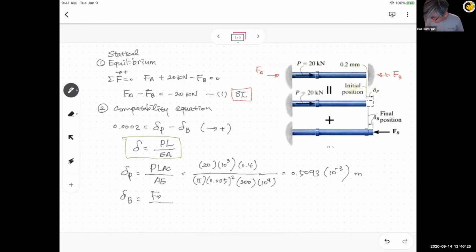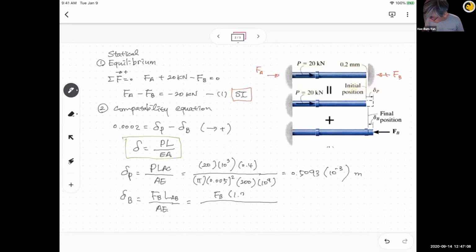FB, L, AB. One thing you need to be careful about is the length. So then the entire length will be under our consideration. So then LAB is the right length to use for FB. And AE is the same because we ignore the collar. So then FB is something we need to calculate.